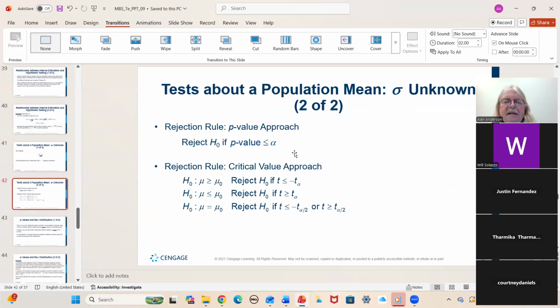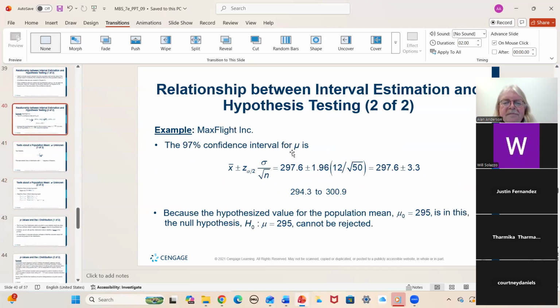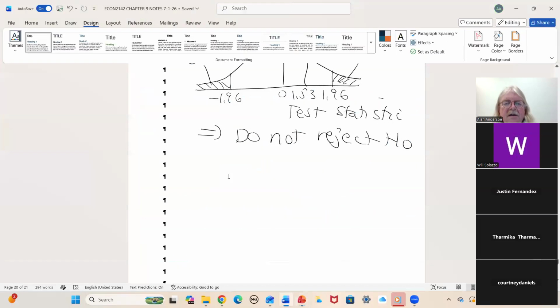Now they would like you to also see how obvious it is, but hypothesis testing is closely related to confidence intervals. Like here, for example, this is the one with the golf balls.